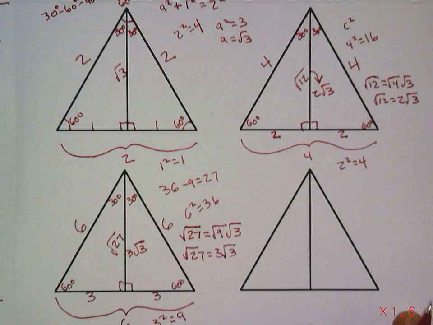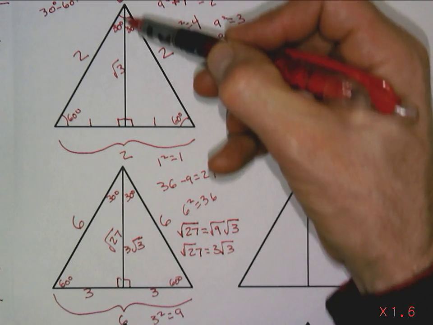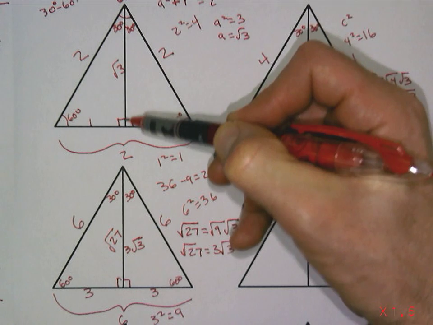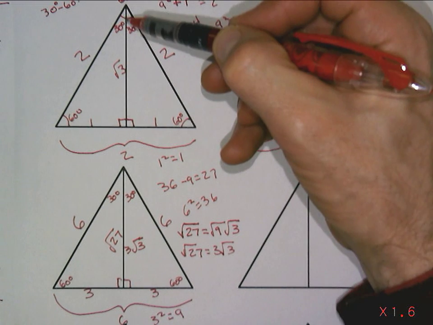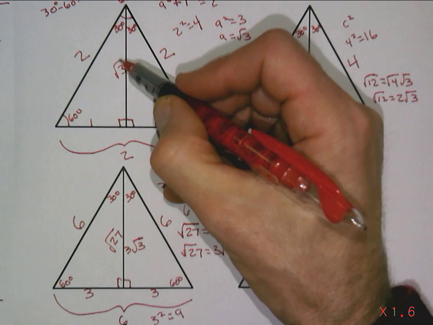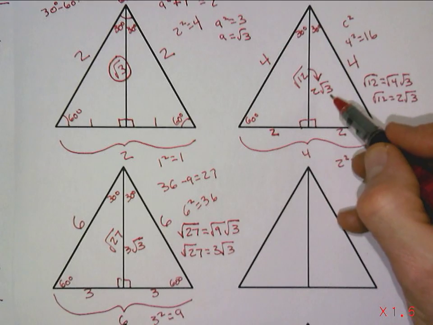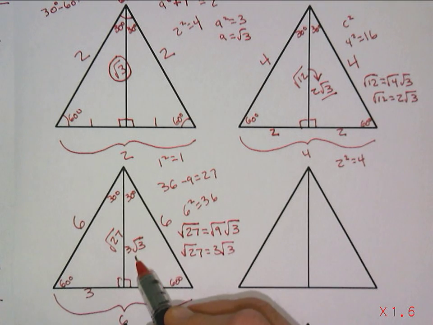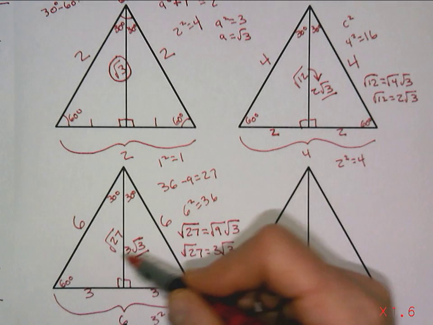Now, I hope by now you might notice that in all of the lengths that cut the equilateral triangle in half, the one thing they have in common is the square root of 3 in each of the lengths when we simplify the radicals.